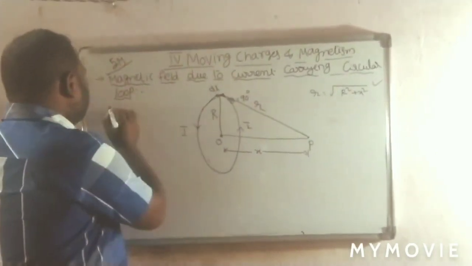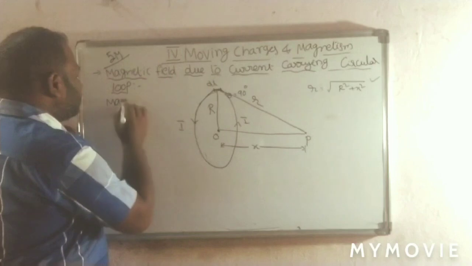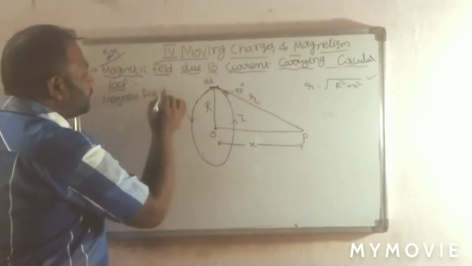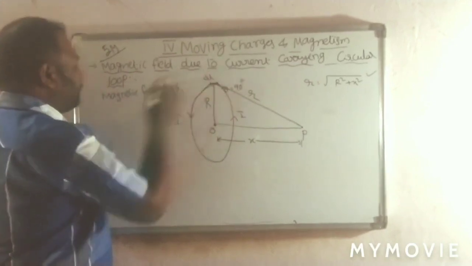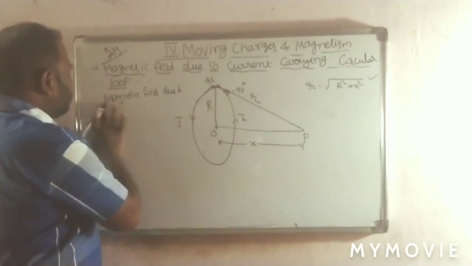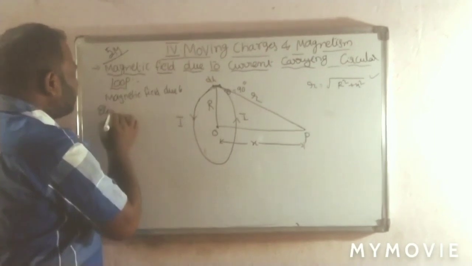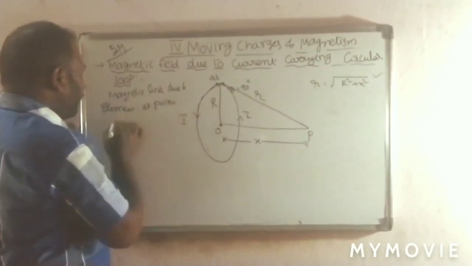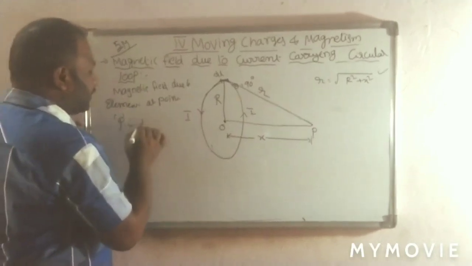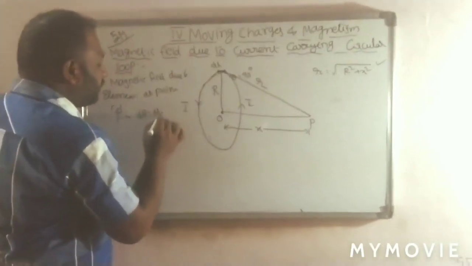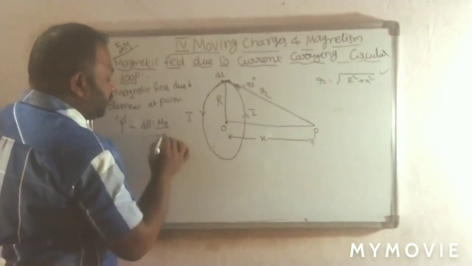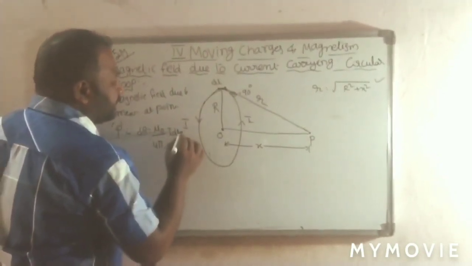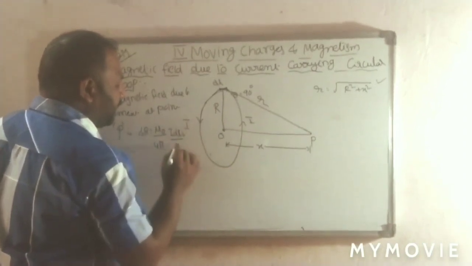Due to that, the magnetic field due to the element at point P is dB equal to mu naught by 4 pi into I dl sin theta by r square.